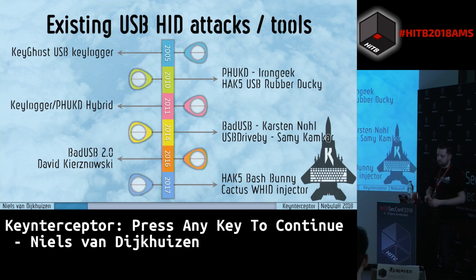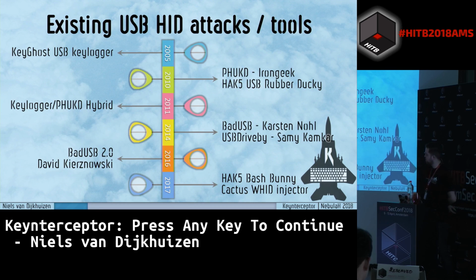And Samy Kamkar shows his USB drive-by, which essentially is a keystroke injector with mouse emulation as well. And then we have some research by David Kierznowski. I'm really bad with that name, sorry. USB 2, essentially two devices with an intermediate PC in between that controls the protocol stuff, also primarily focusing on the human input device.